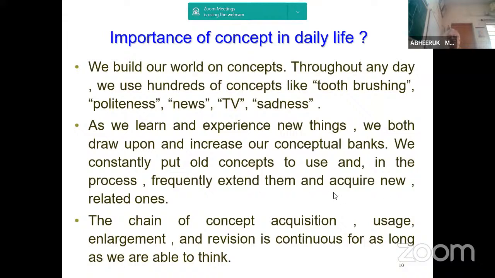And sometimes you modify also. Something you knew about a concept may have been partial. Now you may learn more correct or more accurate things about the concept. In the schools, in the lower classes, many concepts are taught in a very simplified manner.